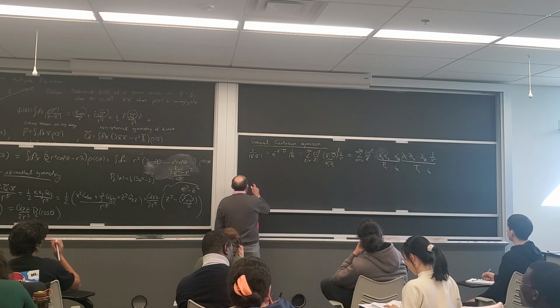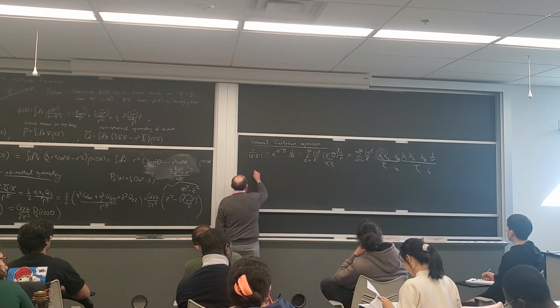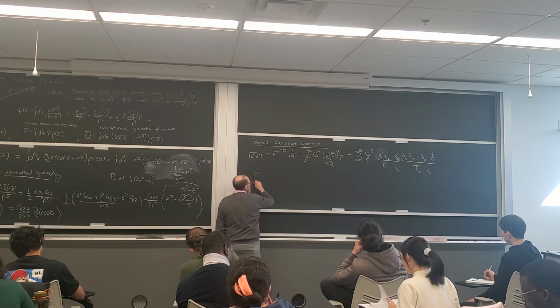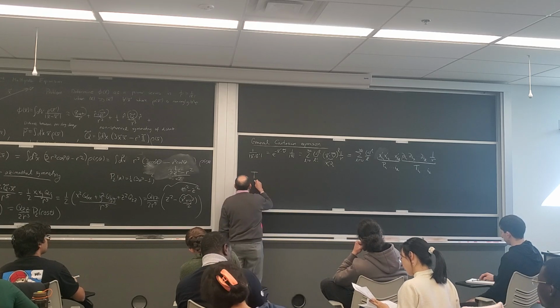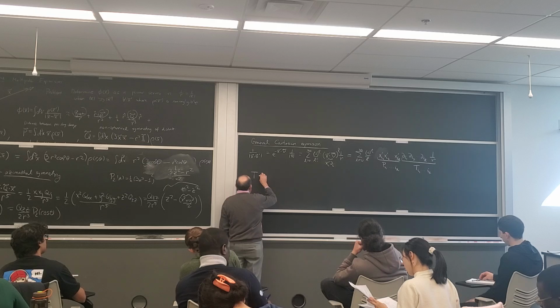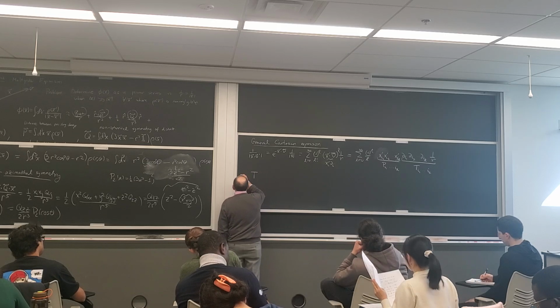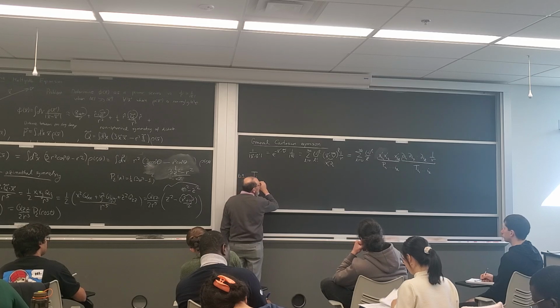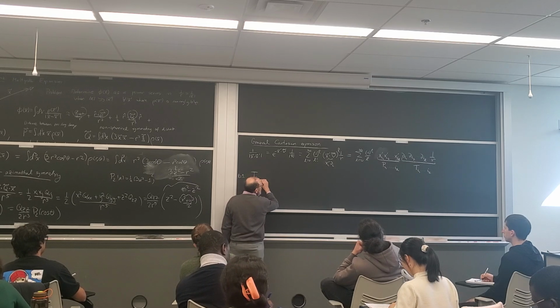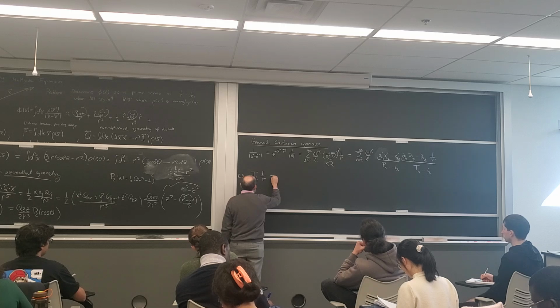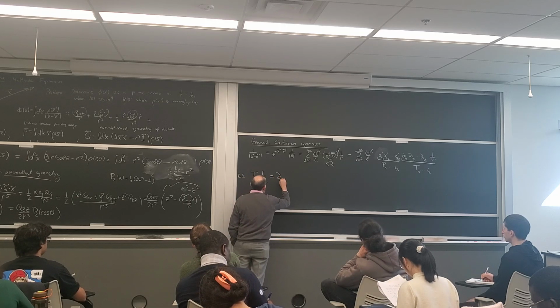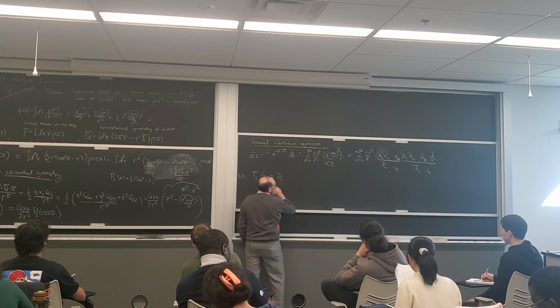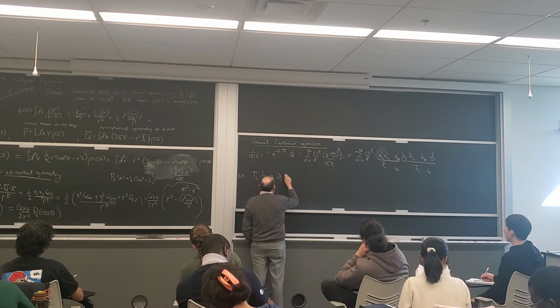Let's look at the first order tensor, the case where L equals 1, so I'll just have T_i acting on 1 over r, which is the partial with respect to i of 1 over r.